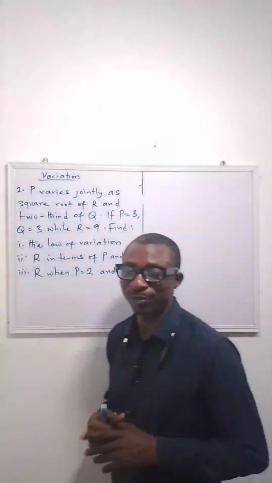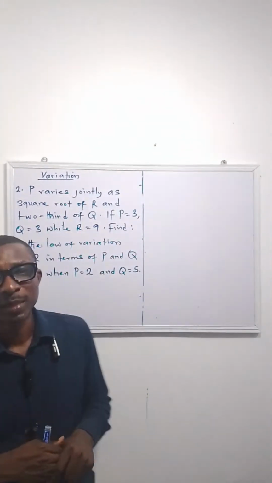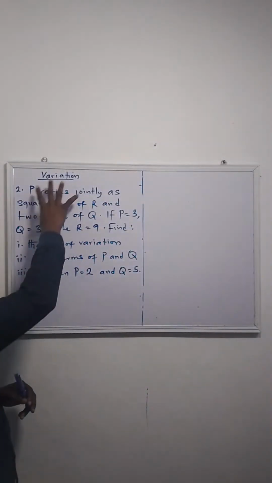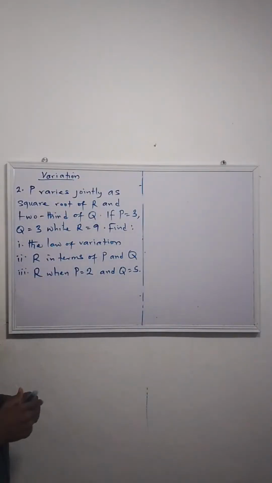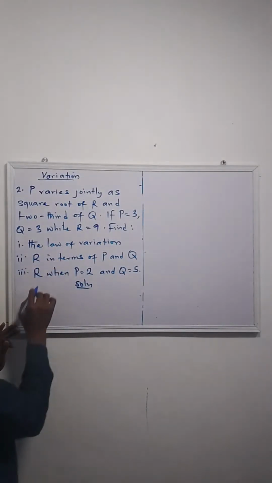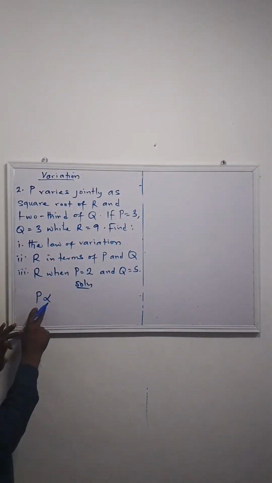So how do you solve this type of problem? The first thing to do is to express this mathematically. P varies. This is the symbol for variation.